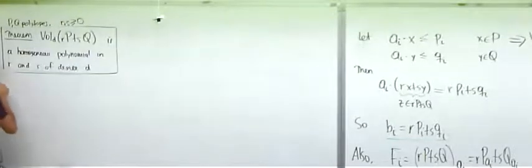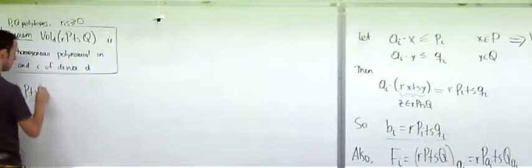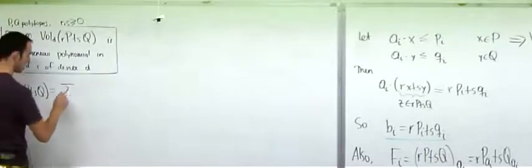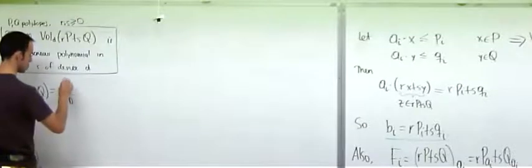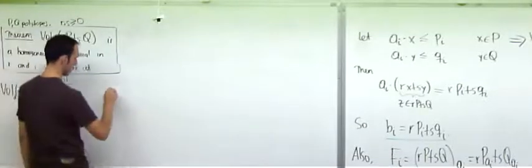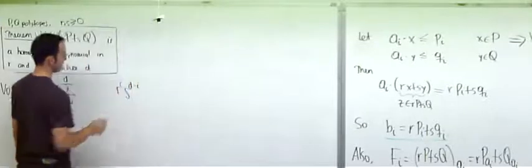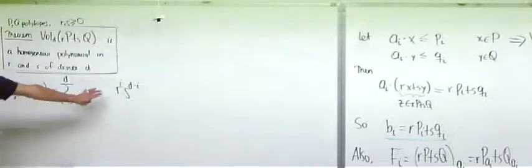So remember what I said is that if I have something like this, then, because it's homogeneous of degree d, that means that its monomials have to look like this, r to the i, s to the d minus i. Okay? And there's some number here.